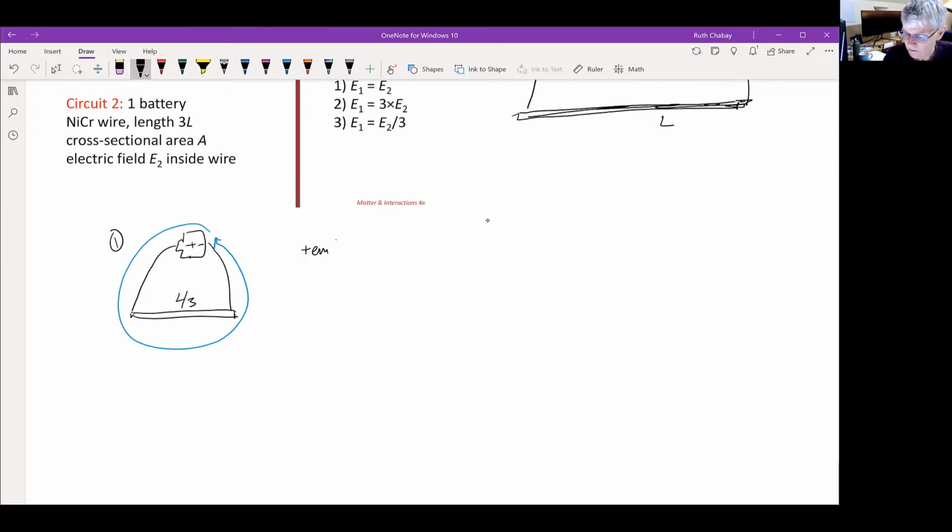So we have the EMF of the battery plus the potential difference on the thick connecting wires, which we're going to say is negligible here, plus the potential difference in the nichrome wire, which is minus E1 L over 3, equals 0. So we have EMF equals E1 L over 3, and if we solve for E1, it's equal to 3 times the EMF over the length of the wire.